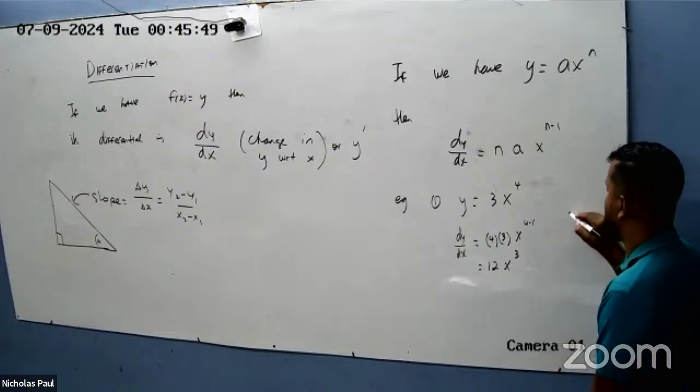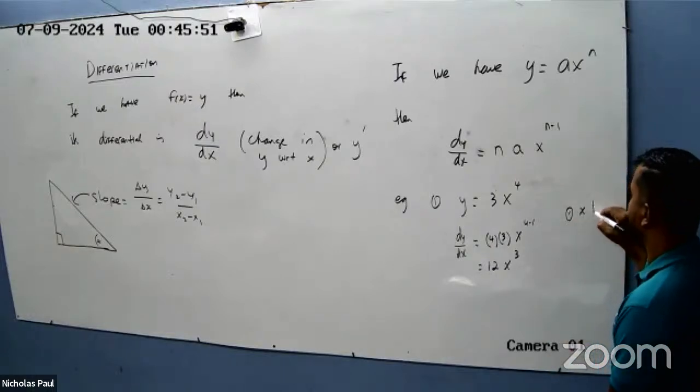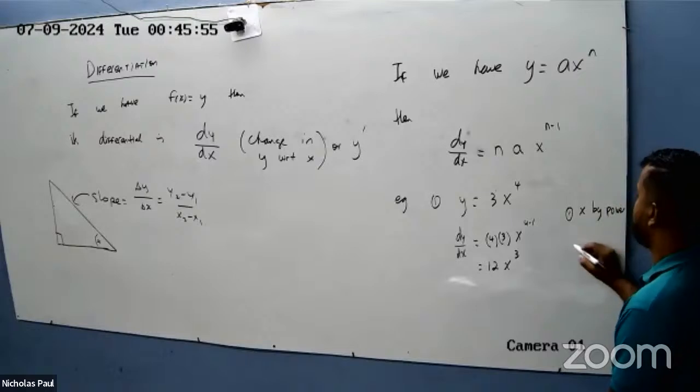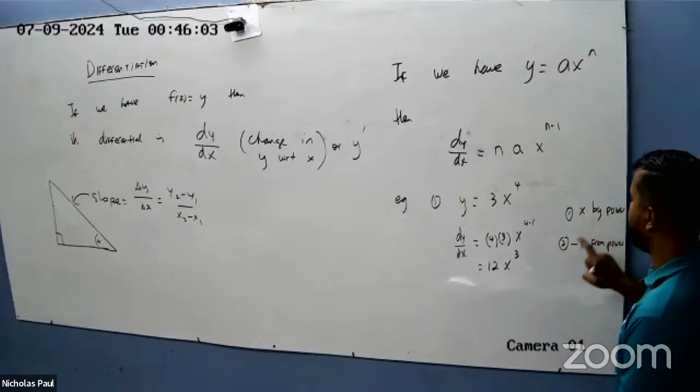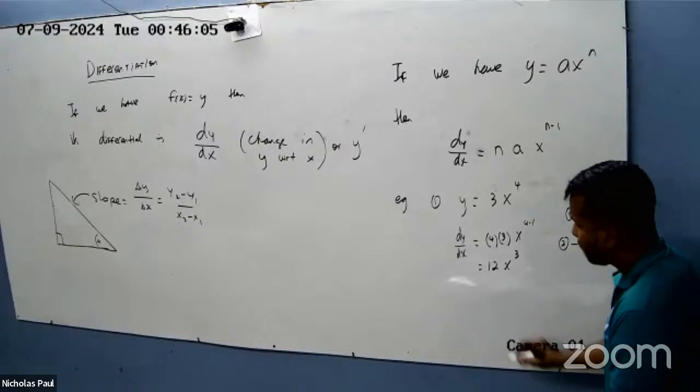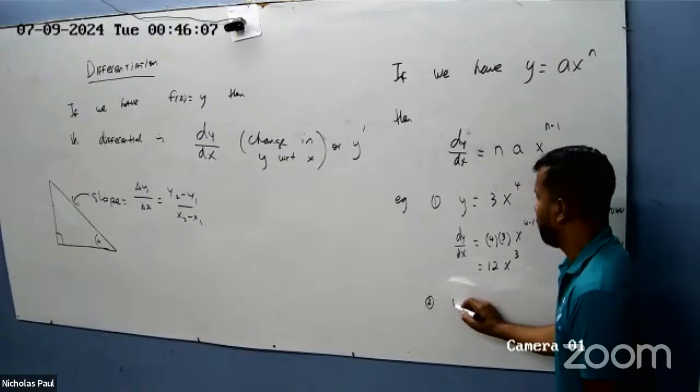Okay with that? Write it down. Multiply by the power, second step, minus 1 from the power. Copy it down.